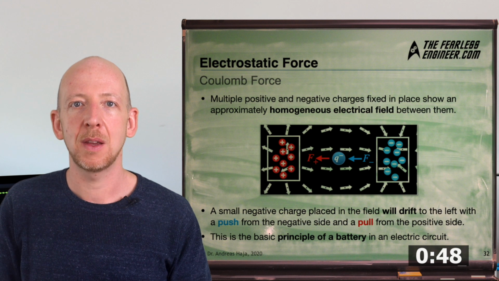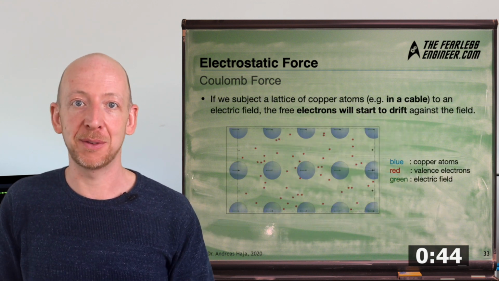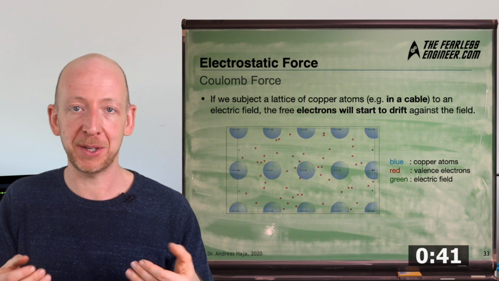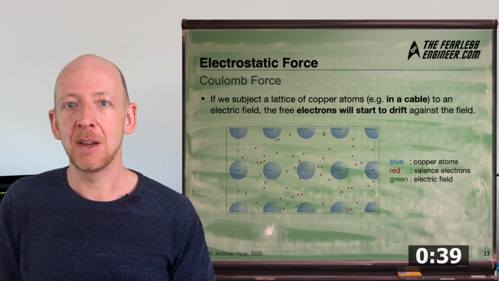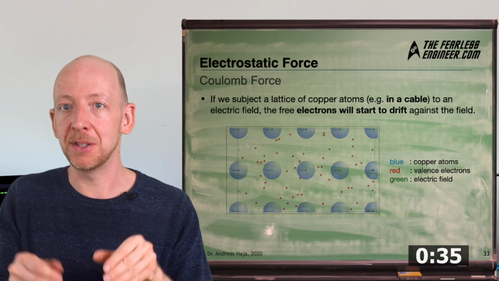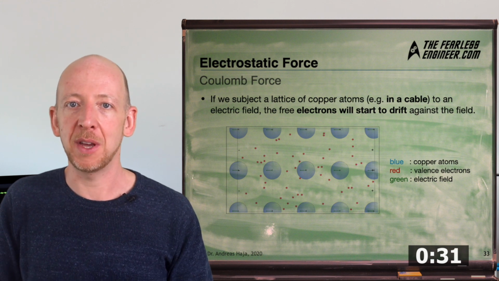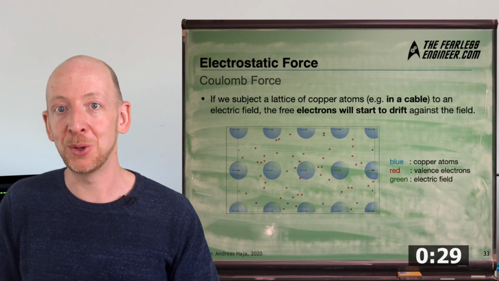Now, if we subject a lattice of copper atoms, for example in our copper cable, to an electric field, for example induced by a battery which we connect to the wire, we will see that the free electrons inside the wire will start to drift against the field. You can actually see this in the small video here. We have the large blue copper atoms here.